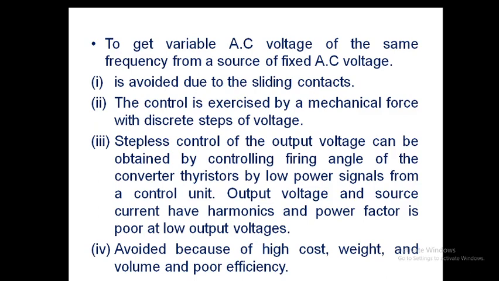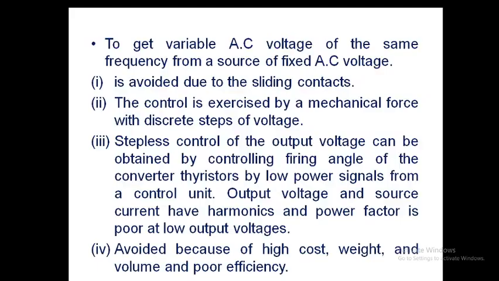We are restricting the input voltage by turning the switches on and off, which controls the output voltage as well as the source current. Because of that source current control, harmonics will be more. Hence the power factor is poor at low output voltages.